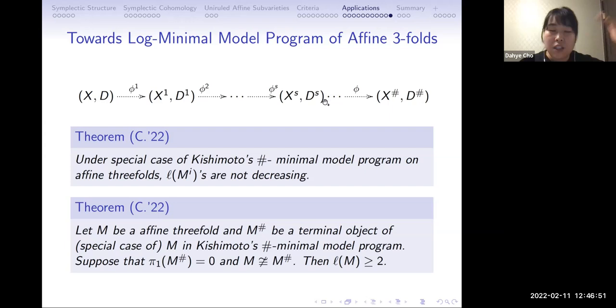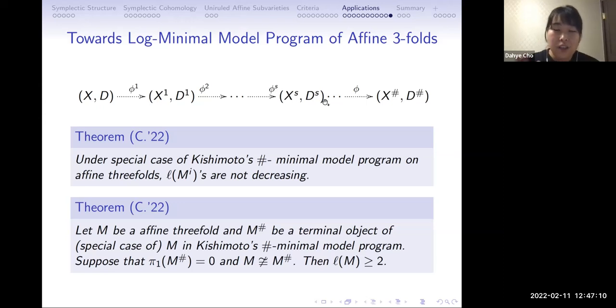So flopping does not affect symplectic cohomology, and then only the divisorial contraction consists of half point attachment.